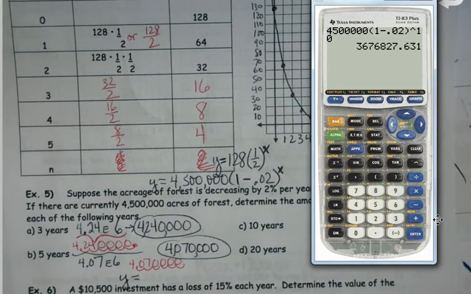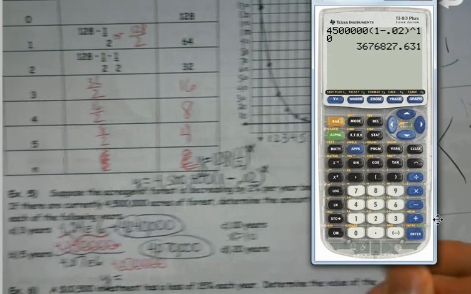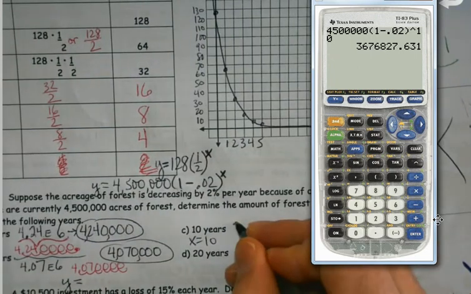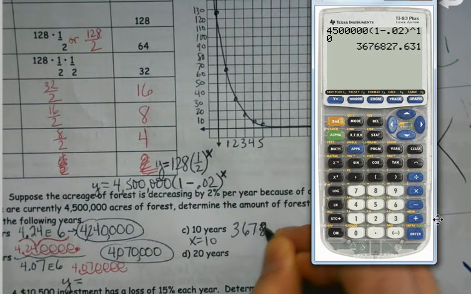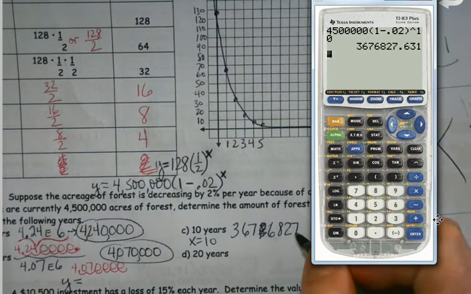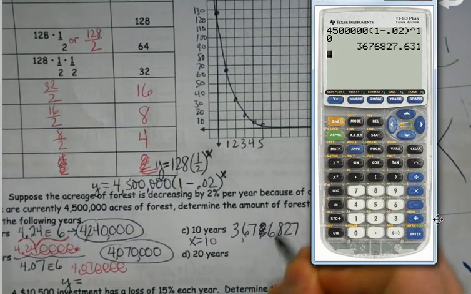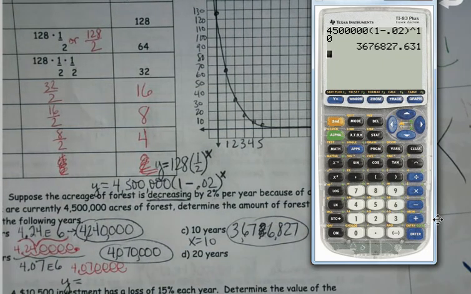I can hit enter and the calculator will just tell me what that value is. Whoops, I almost wrote it down wrong myself. Since we're decreasing, yep, I'm having to minus instead of add on this. But I can just round off and do it that way.